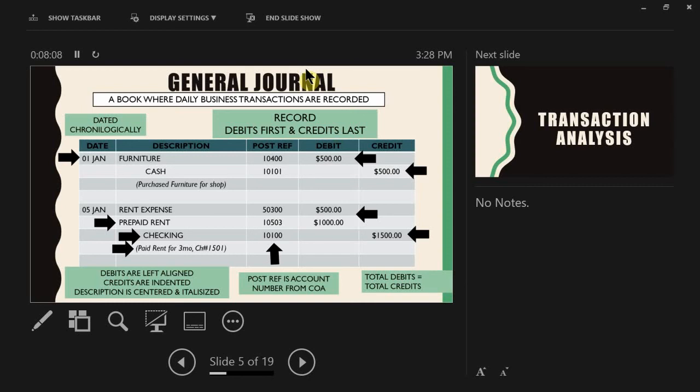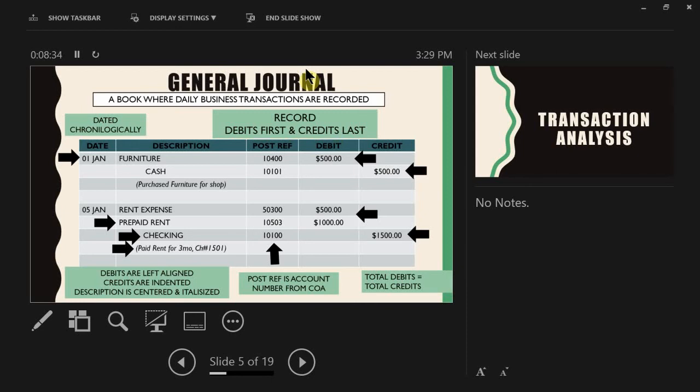And then what a post reference is, the post reference is going to be basically the account number if you have one. Now, if you don't have one, then you're not going to use it. But what a post reference does is it's going to be, for example, whatever account that you use for the description, the account name, whatever associated account number is going to be your post reference. And where you're going to get that from is through your chart of accounts.